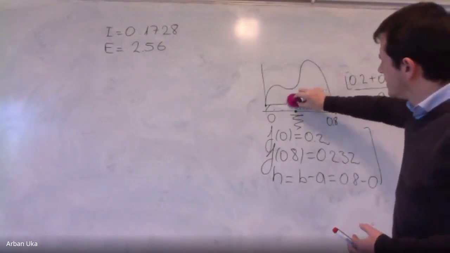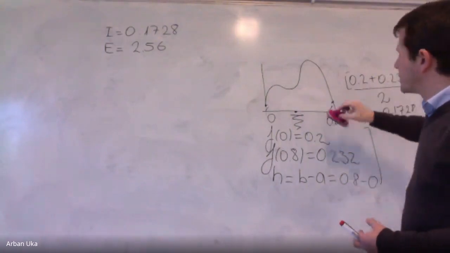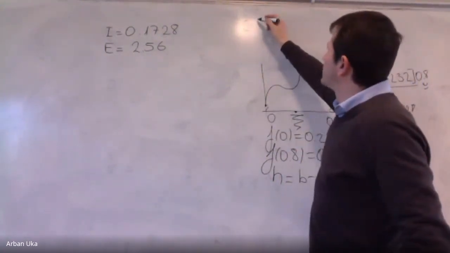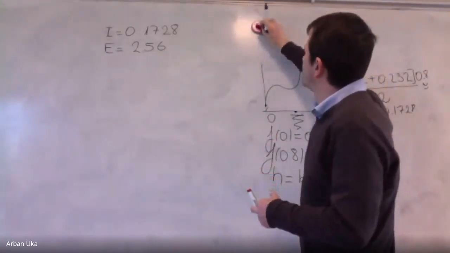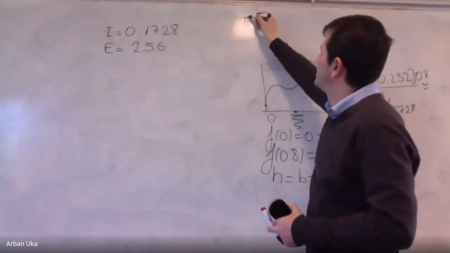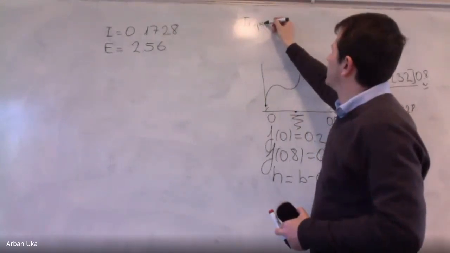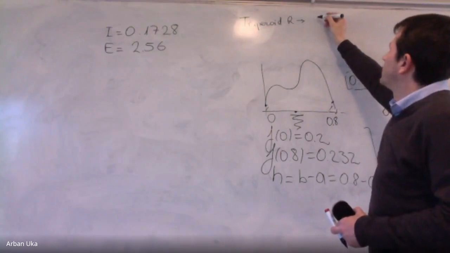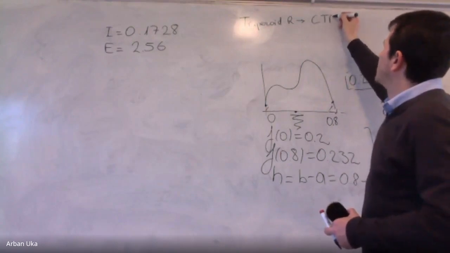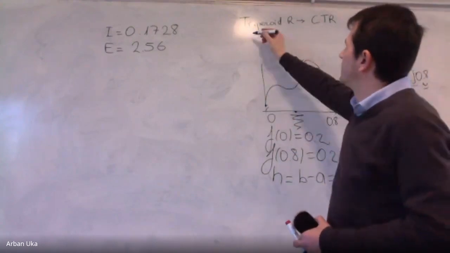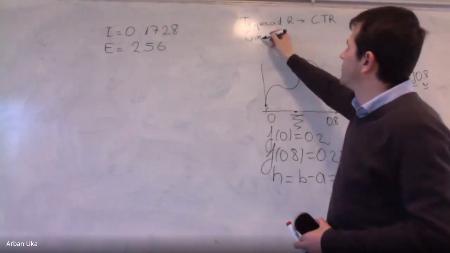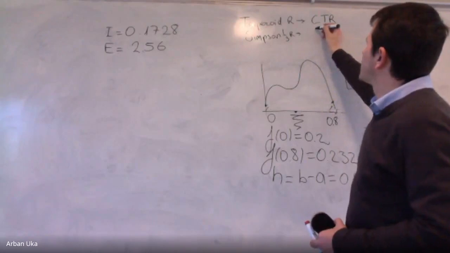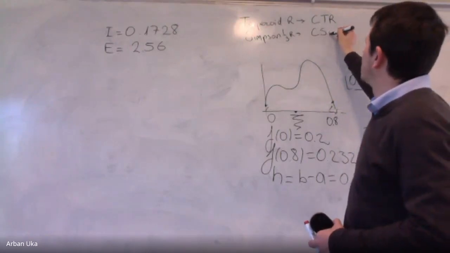Since this gives a large error, as we said before, we had the trapezoidal rule, and we can also have the composite trapezoidal rule, CTR. Similarly, we're going to see very soon that we can have the Simpson 1/3 rule, and we can also construct the composite Simpson rule.